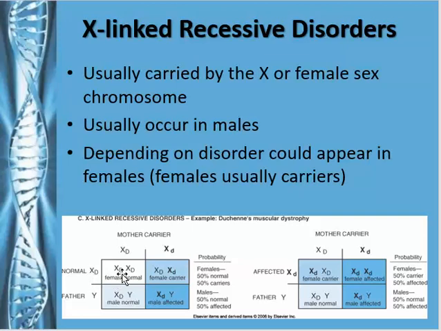The father has the normal X and a Y. So the female children are normal, normal, normal, abnormal. The male children are normal if they get the normal X chromosome from mom, or have the disorder if they get the disordered chromosome from mom. Father doesn't contribute.